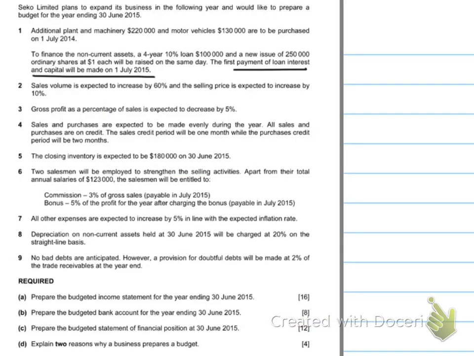Sales volume is expected to rise by 60% and the selling price is expected to increase by 10%. Here's the thing: you should not confuse this as a total or cumulative increase of 70%. It's an increase of 60% and then 10%, so basically 60% into 10%.